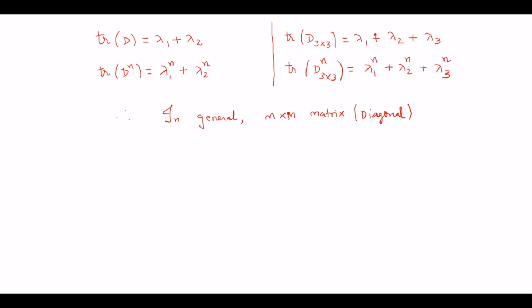And if lambda 1, lambda 2 up to lambda m are the eigenvalues of this, therefore D power n can be written as, and if you want to calculate the trace of this matrix, this is simply the sum from i equals 1 to m of lambda i the whole power n.